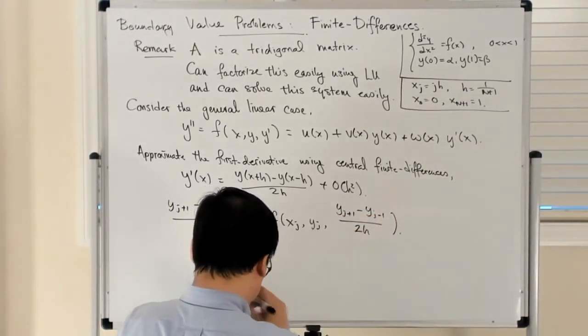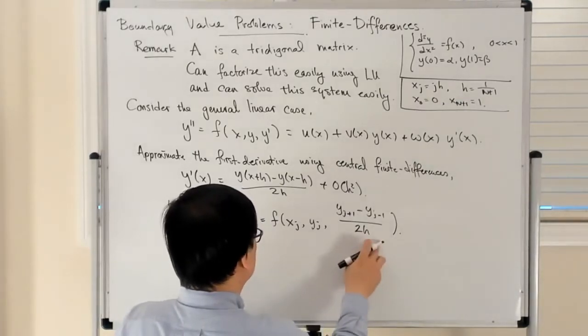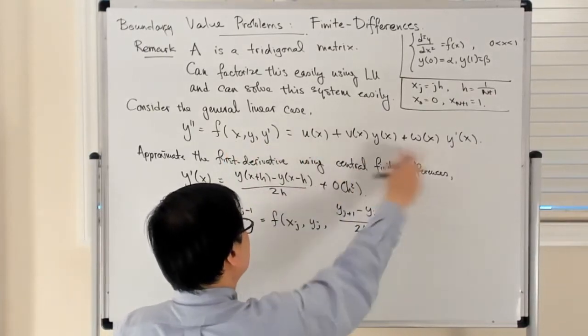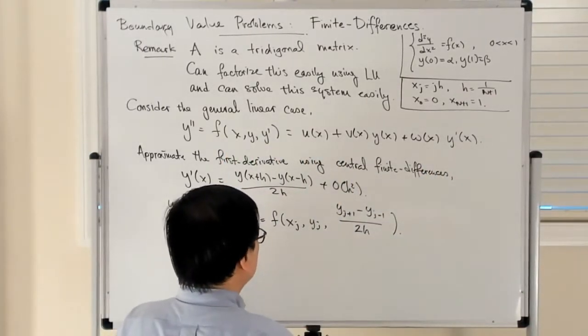So that's the general form so far. We're going to assume that the right-hand side is linear in y.